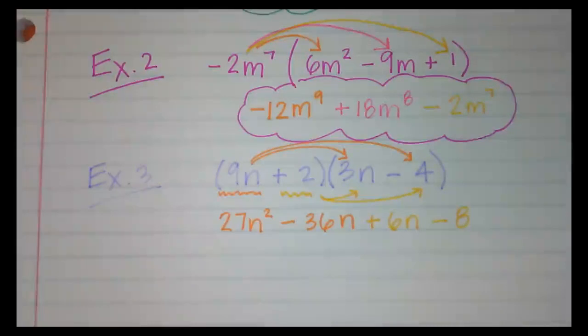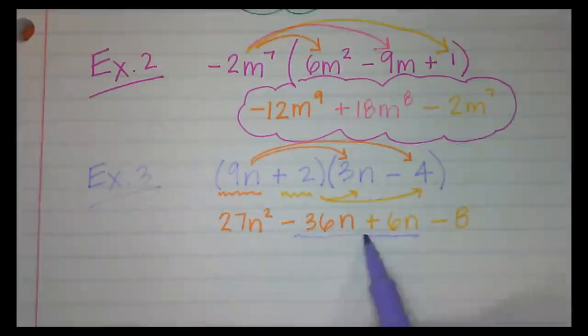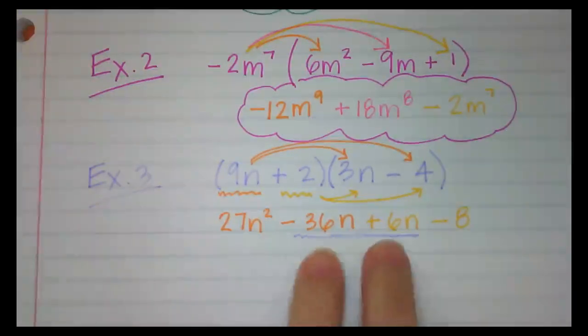All right, so now I need to check and see if there are any like terms. Remember, like terms happen when I have a variable with exactly the same exponent. So when I look right here, I have like terms. I'm going to tell you that probably 95% of the time we're going to have like terms. Not always, but a good portion of the time we will.